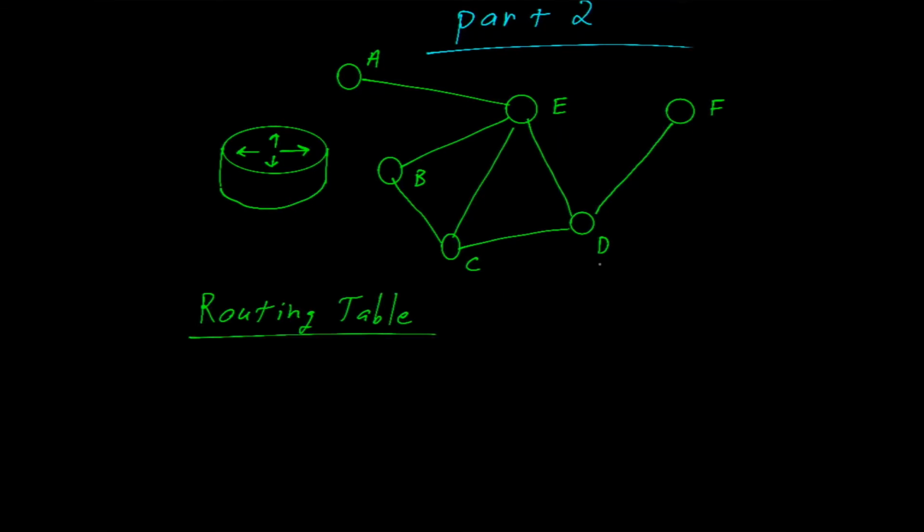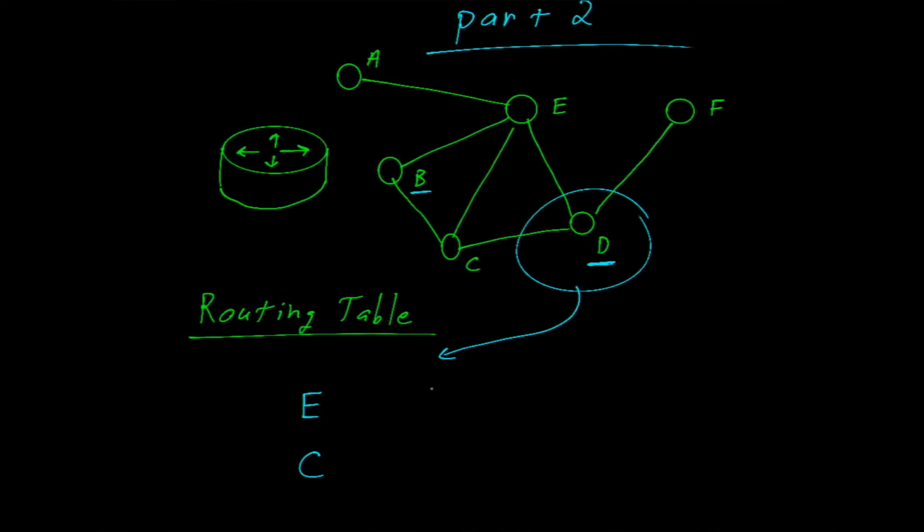Continuing with our previous example, to get a message from D to B, the router, that is router D, has a routing table. It knows that it can send the message to router E, or it could send the message to router C. Both are valid paths to get to B. At a particular instant in time, it will have a metric.